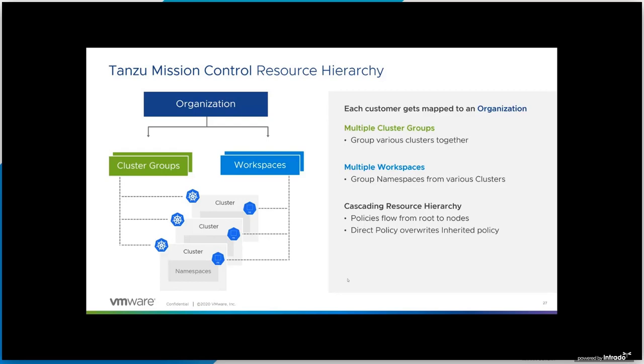And that's why we have two different hierarchies inside Tanzu Mission Control. You can see the highest level is organization. You as a customer can decide that you will have different organizations as well. So you can create multiple organizations, multiple cluster groups, multiple workspaces, and basically structure Tanzu Mission Control exactly like your own environment and your own organization.